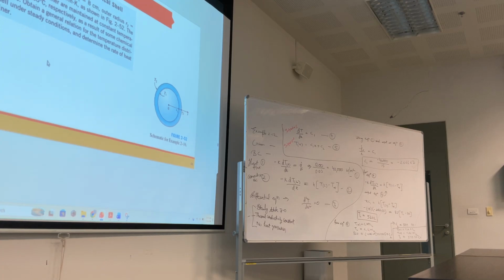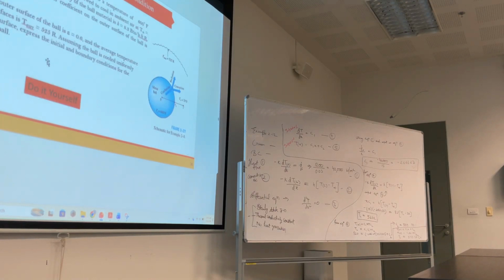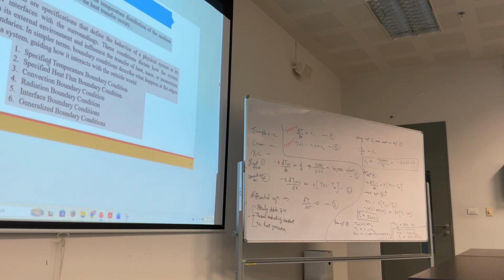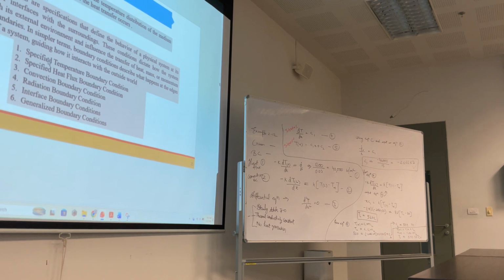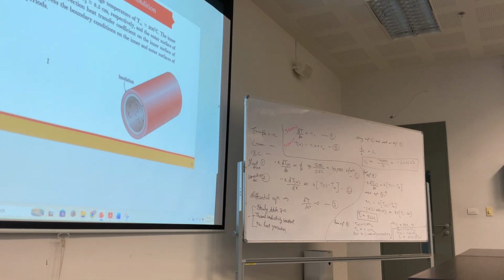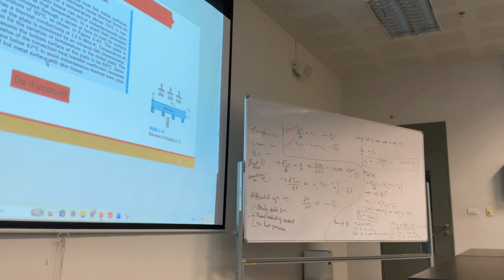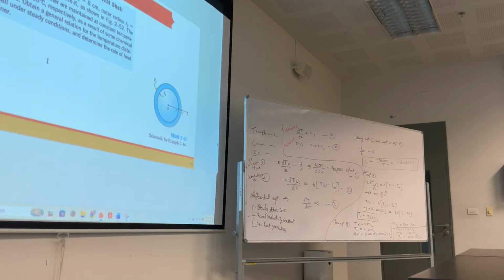So let's start with the boundary condition, right? We have 6 types of boundary condition. In that numerical, what boundary condition is given? Specified temperature, right? Because this numerical is saying the temperature is maintained at constant temperatures T1, T2.